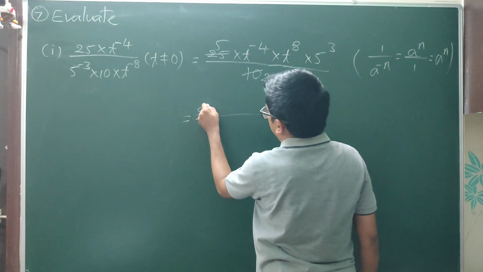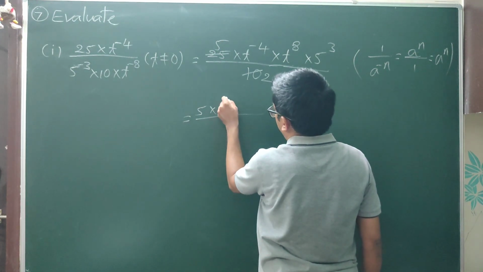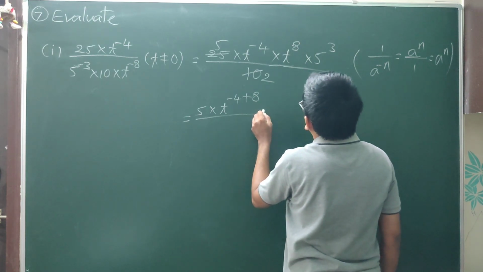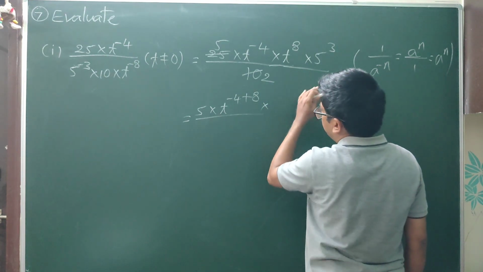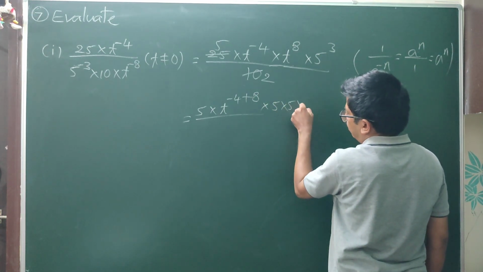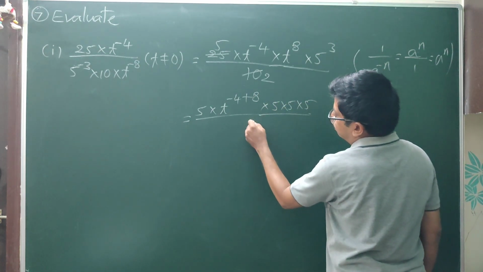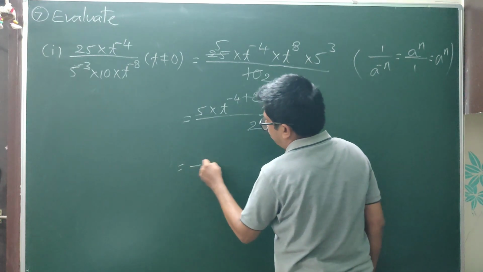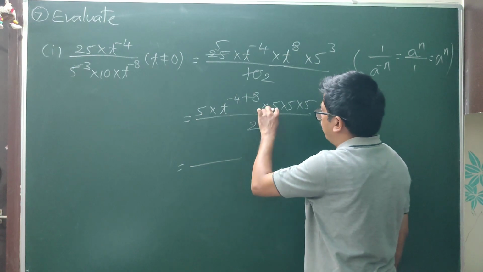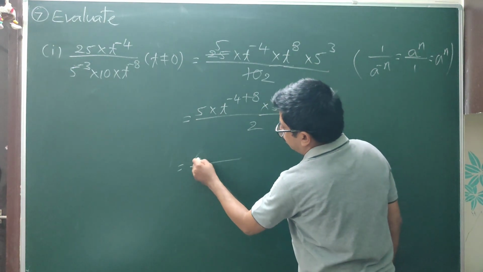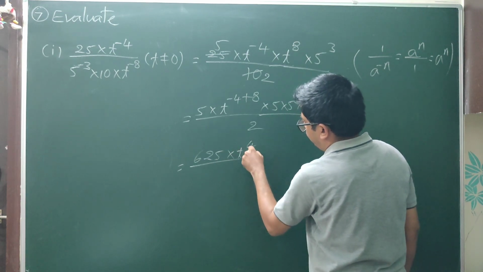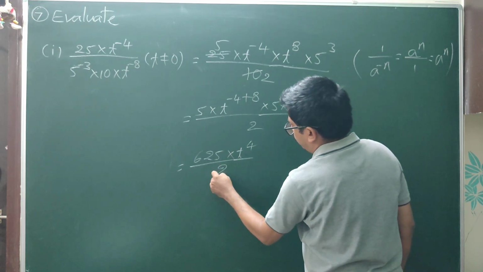So 5 into t^(-4+8) into 5 cube means 5 into 5 by 2 equal to, now let us see the numbers. 5 into 5 into 5 into 5 means 625 into t^4 by 2.